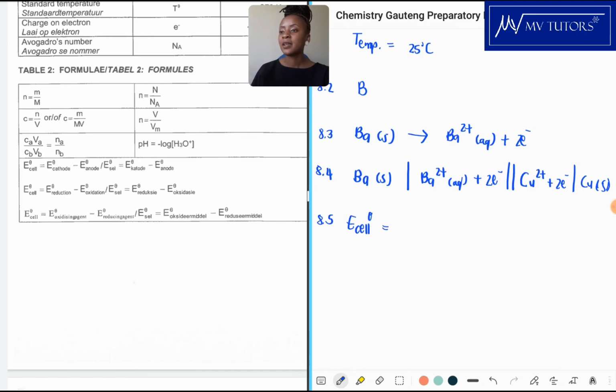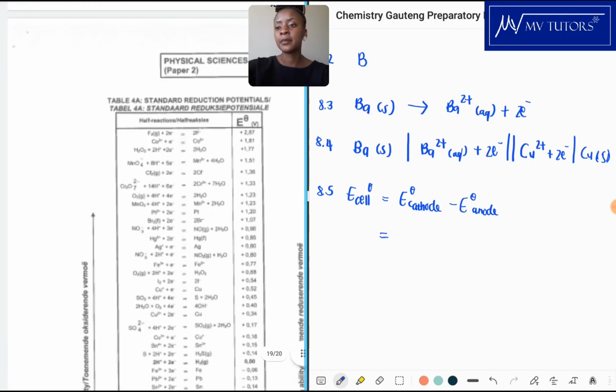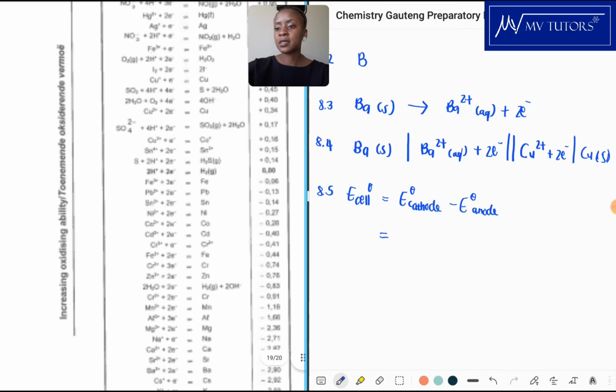I prefer describing what happens at the cathode, minus E anode. What happens at the cathode? That's where we have our copper, which is more likely to be reduced, and at the anode we have our barium, which is more likely to be oxidized.